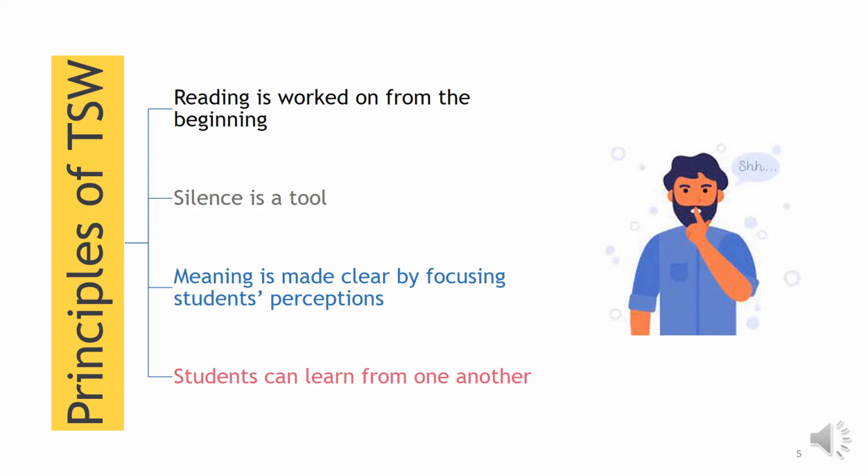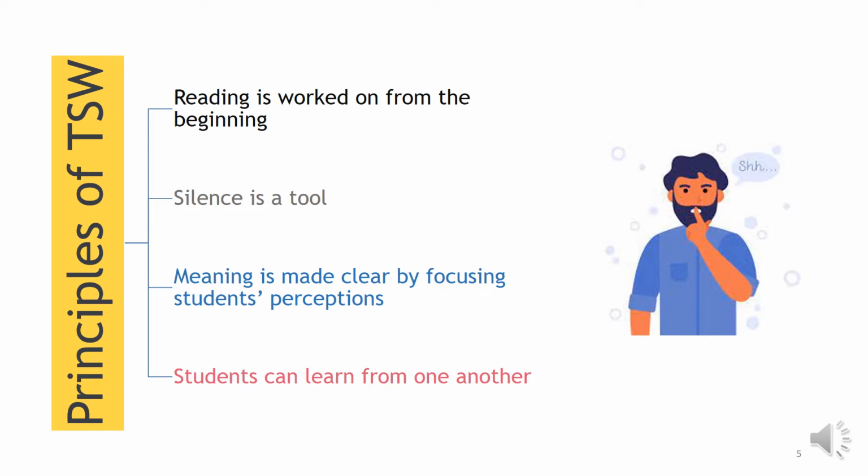The eleventh principle is that meaning is made clear by focusing on students' perceptions, okay? Not through translation. Sometimes the teacher can translate words or vocabulary into the students' native language, but only when necessary.